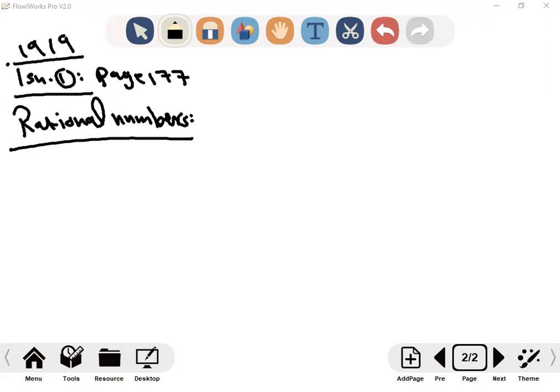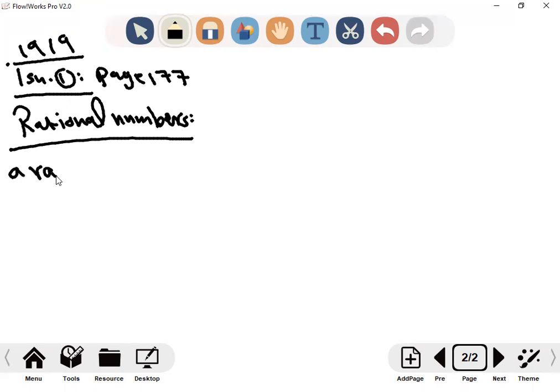Okay, guys. But let's start with our lesson, rational numbers. What is the rational number? A rational number, this is the definition. It's written in your book. Memorize it. What is the rational number?